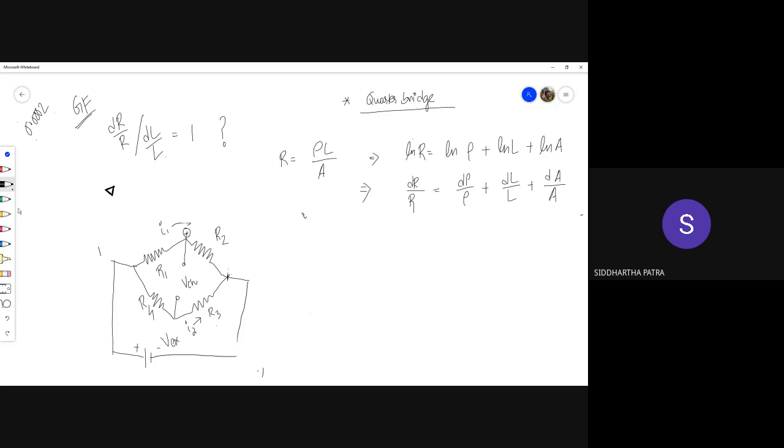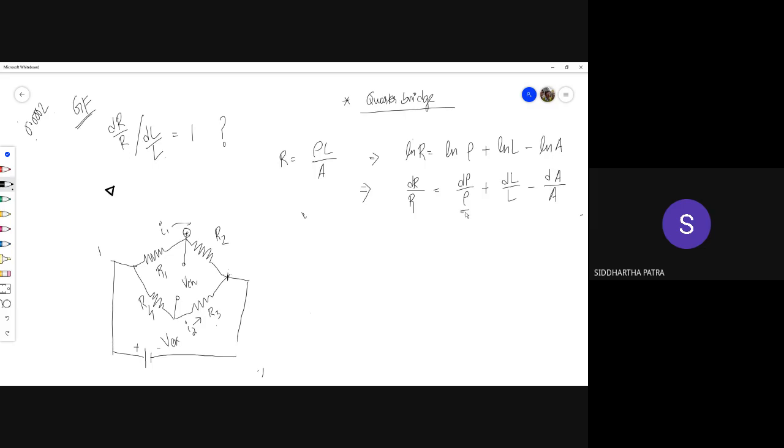Acha, sorry, one mistake. Minus. Yes. So as you can see, it's not only the change in length, but the change in resistivity and the change in area of cross section that matters.